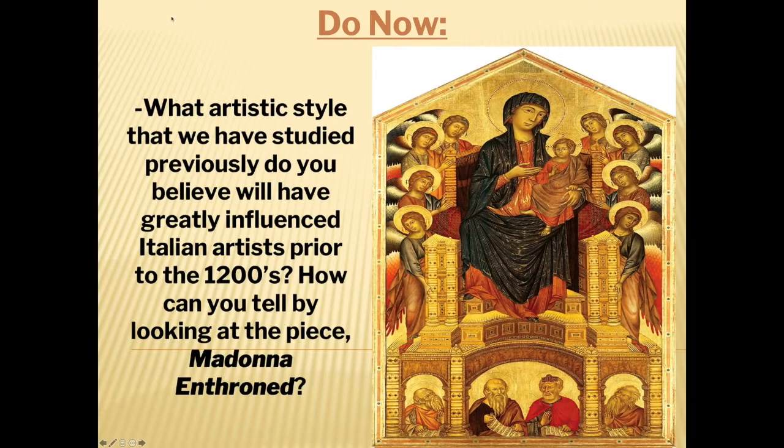We see the angels, who are not very realistic; they're basically stylized. All of these things contribute to the fact that this was greatly influenced by the Byzantine artists who had come previously, when Justinian and the Byzantine Empire took over this area of the world.